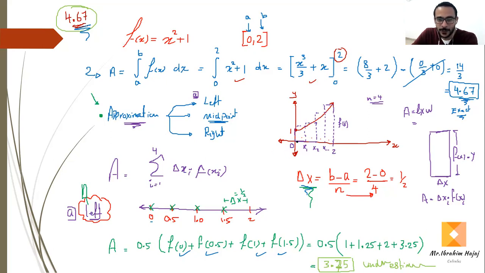Yes. So this is why, guys, we are studying this part. We can find the area of any regular figure, like a rectangle, a square, a triangle, but we cannot find the area under this curve, the area of this irregular figure.